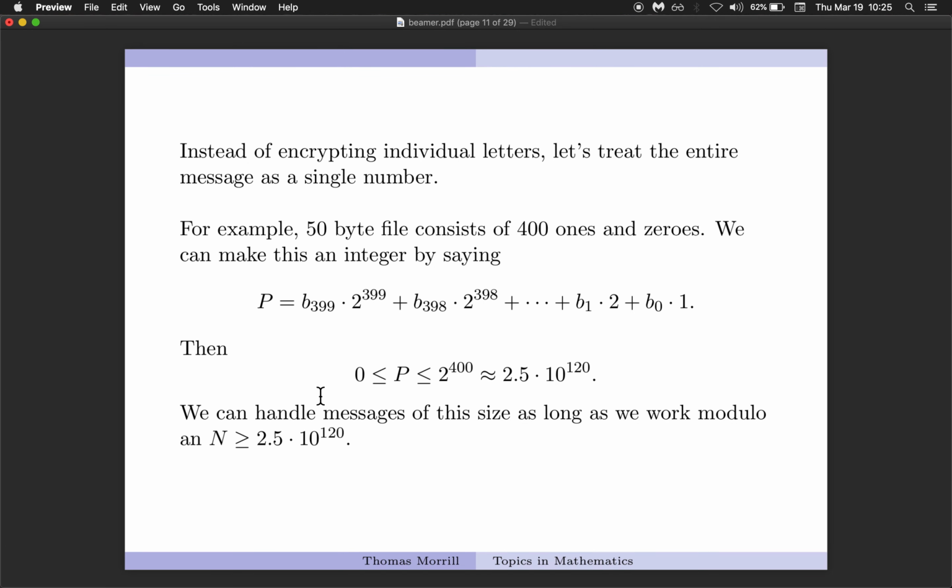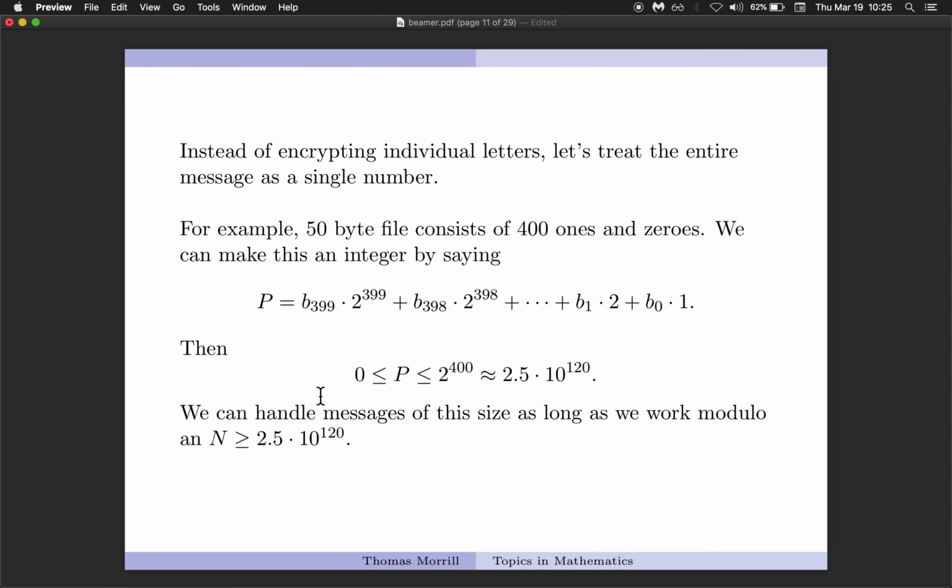If B399 is the top bit, I'll multiply either a 0 or 1 by 2 to the power 399. Then I'll take the next bit, B398, multiply that onto 2 to the power 398, and so on.